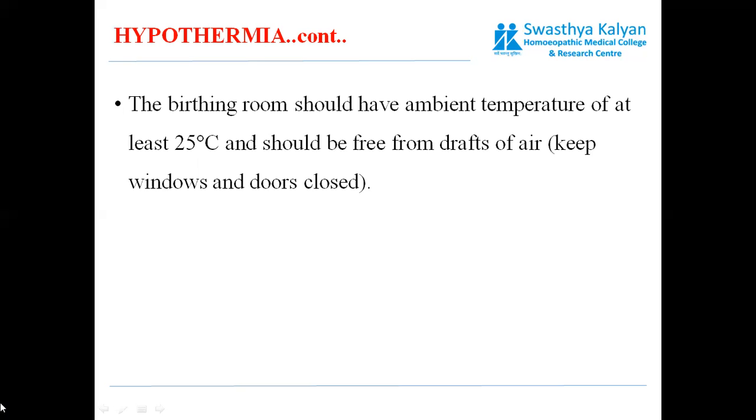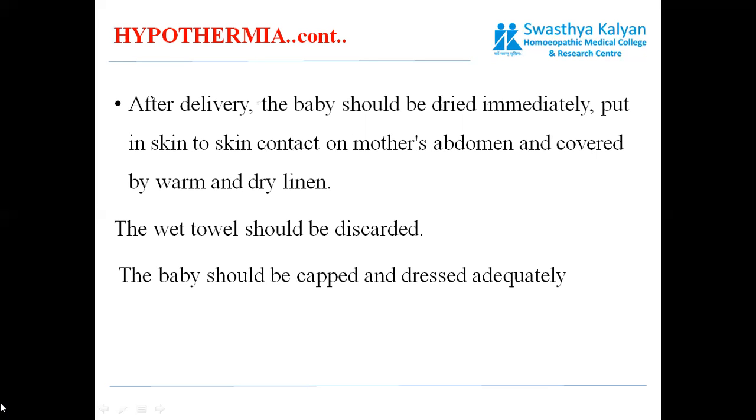Then after delivery, the baby should be dried immediately. Immediate drying. The newborn should be put in skin to skin contact on the mother's abdomen and covered by warm and dry linen. The baby should be capped and dressed properly because the head constitutes a major portion of the loss of heat.